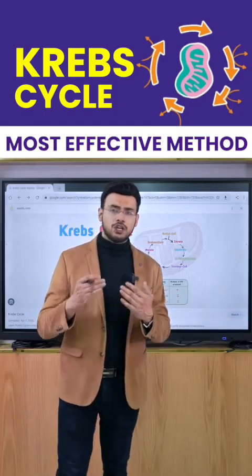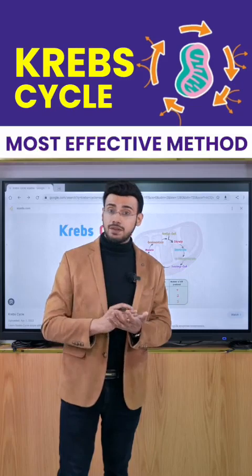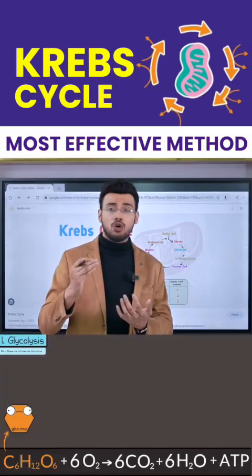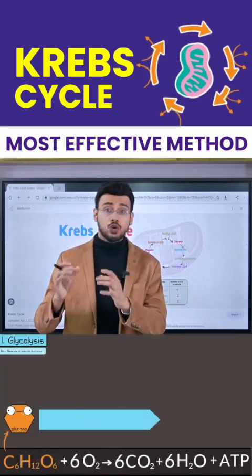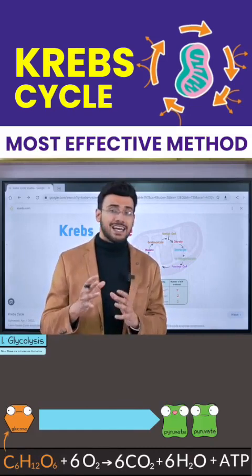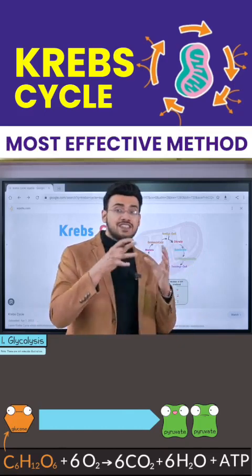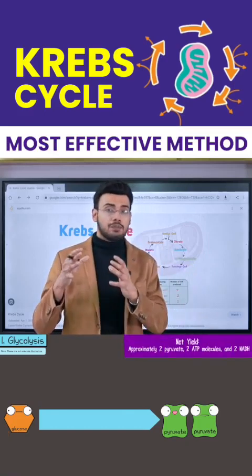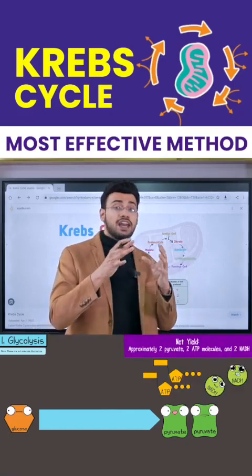In the first part of cellular respiration, glycolysis happens. Glycolysis occurs where one molecule of glucose is converted into two molecules of pyruvate. These two molecules then enter into the citric acid cycle, which results in the formation of carbon dioxide, NADH2 and FADH2.